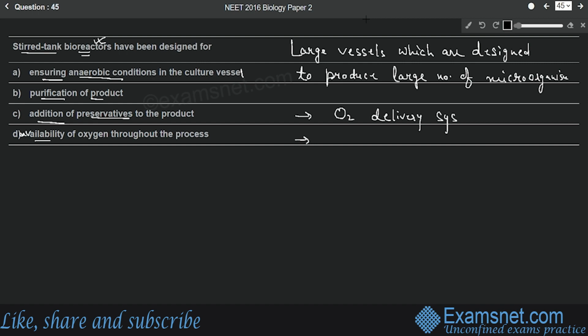Then it has a temperature control system, and also a pH control system, so that the condition is suitable for the growth of microorganisms. So the correct answer will be option number D, that is availability of oxygen throughout the process, because it has an oxygen delivery system and it ensures that oxygen is continuously delivered into it.